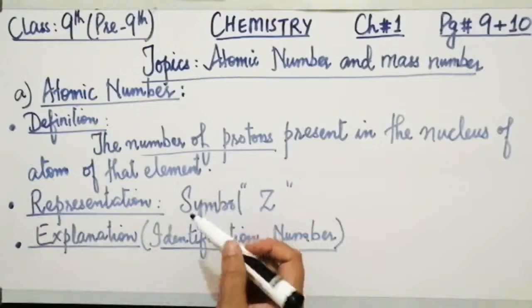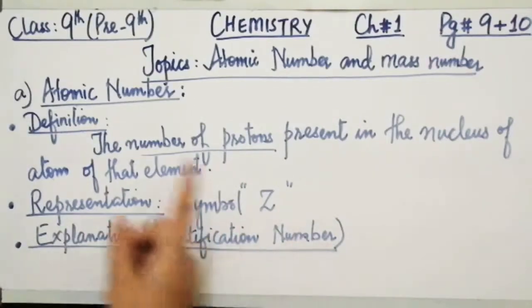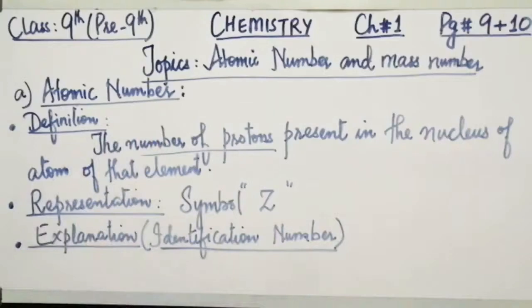Is it clear? Now, hence each element has a specific atomic number which is known as its identification number. Now, some examples will be given in front of you, which will prove what the identification number is and how it is related to the atomic number of elements.